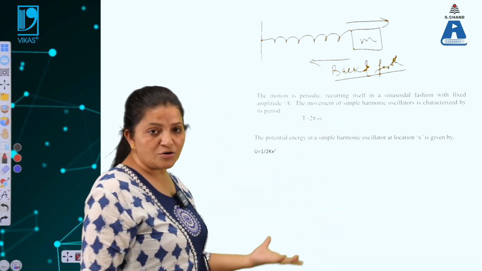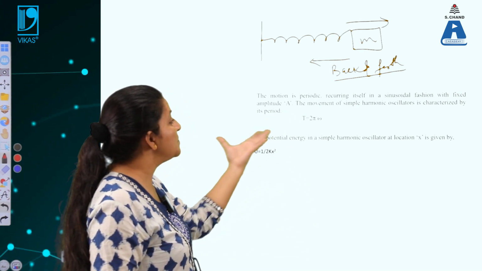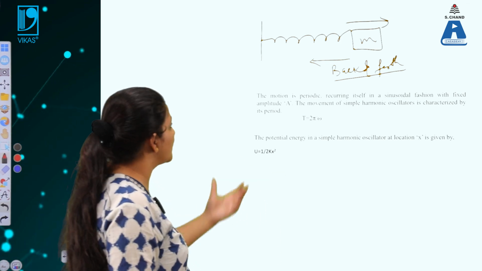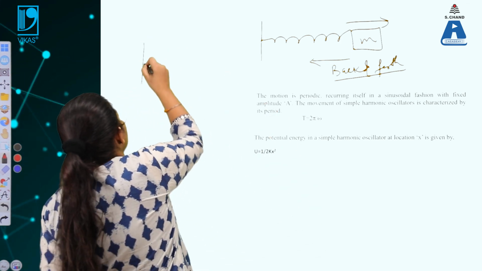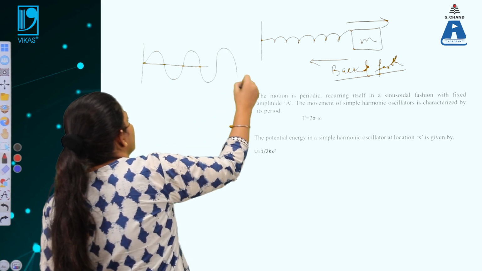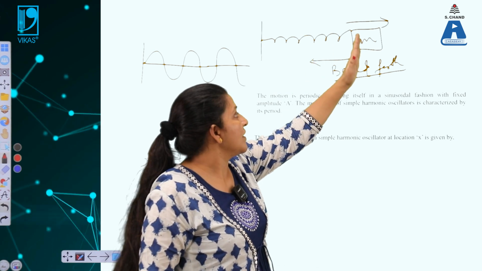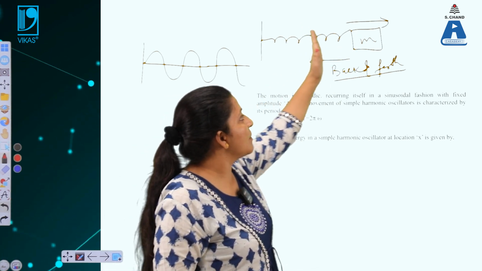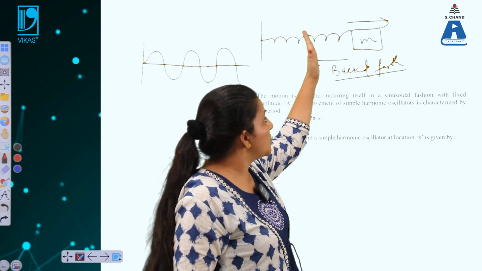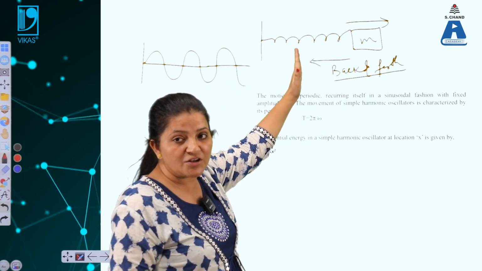Now in order to calculate the periodicity of this motion, the time period is calculated. What is the meaning of time period? It means these oscillations are repeated, and the body continuously keeps moving. When the force is applied in this direction, the displacement is in this direction and the restoring force acts in the opposite direction.